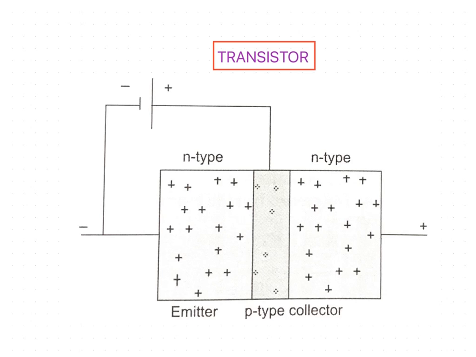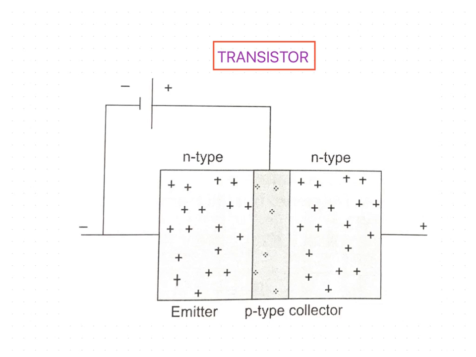Transistors are electrical devices which utilize a combination of P and N type semiconductor materials. Simply, we can say it is a sandwich of P and N type semiconductor materials.